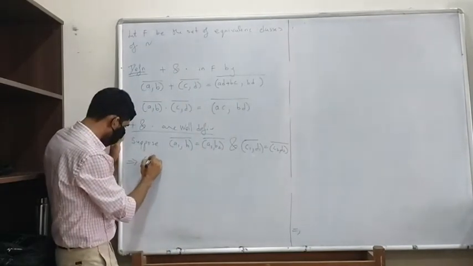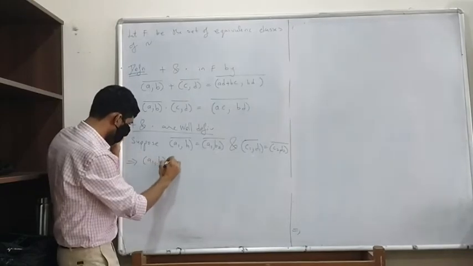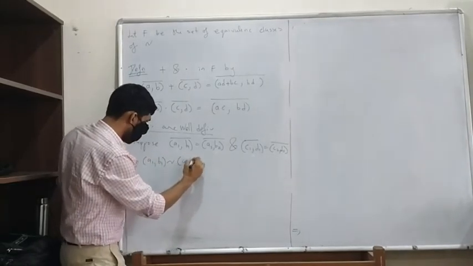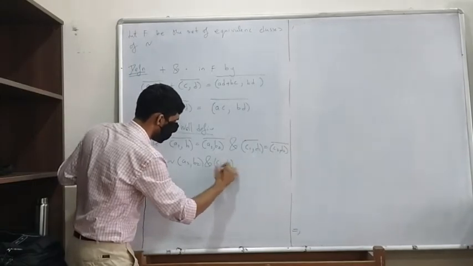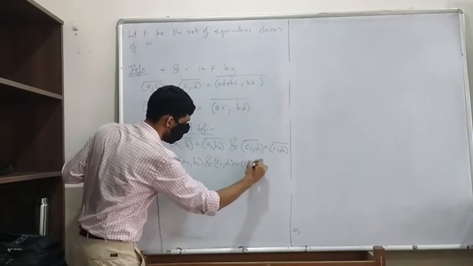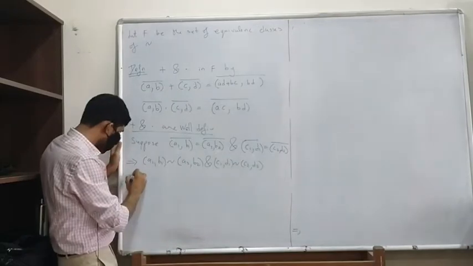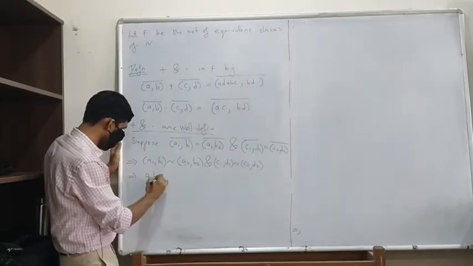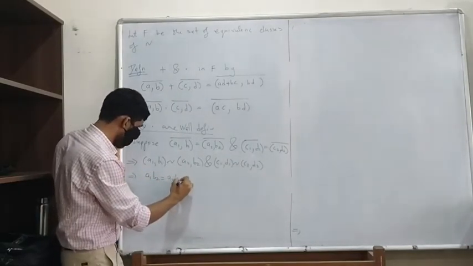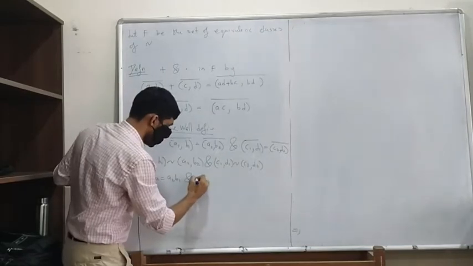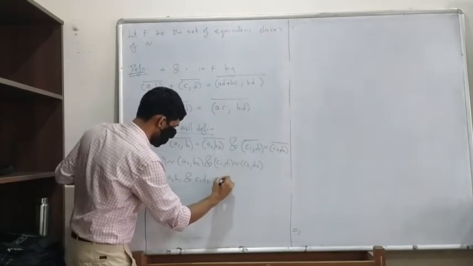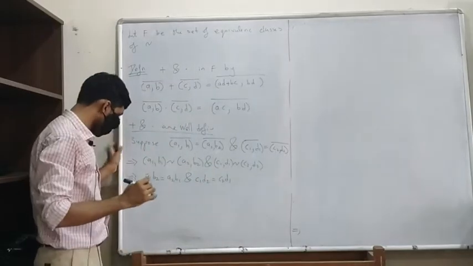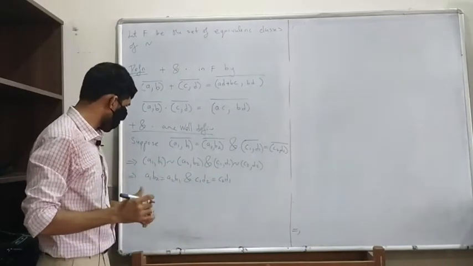So this means that (a1, b1) is related to (a2, b2), and (c1, d1) is related to (c2, d2). In other words, what does this mean? a1 b2 equals a2 b1, and c1 d2 equals c2 d1. Okay, so we can replace in that manner.